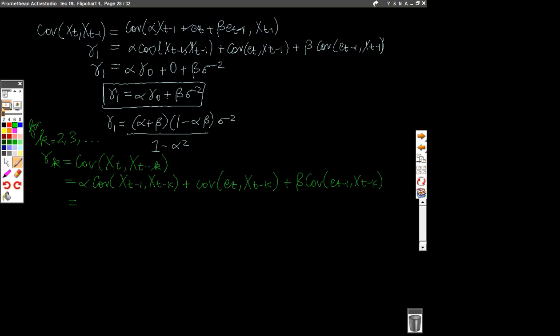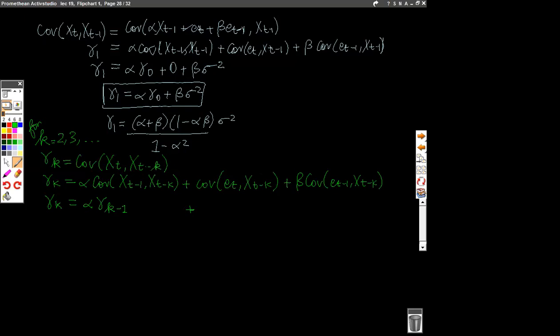Okay. So now I know that this is going to be alpha times gamma k minus 1, right? And now I have covariance of et comma xt minus k. If I have with et any x with the subscript k minus 1 or k plus 1, it will be minus k plus 1.